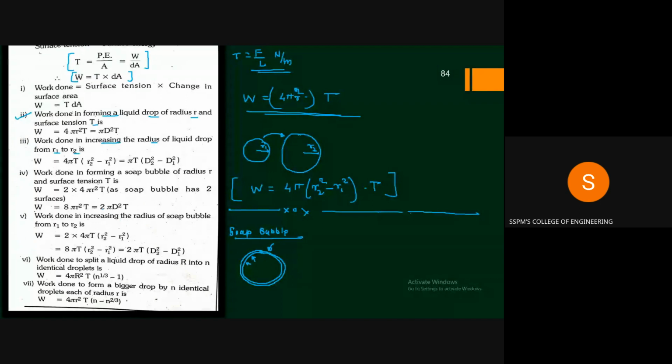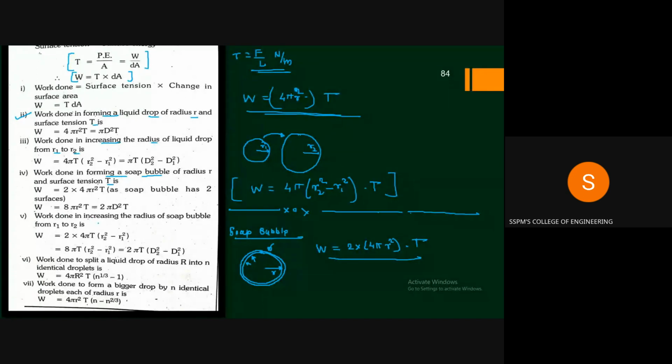So we can refer here: work done in forming a soap bubble of radius r and having the surface tension T is always equal to, we have two areas, so 2 into the surface area, which is the same 4 pi r square, where r is the radius, into the surface tension T. This is the work done or the surface energy for the soap bubble having the radius r.